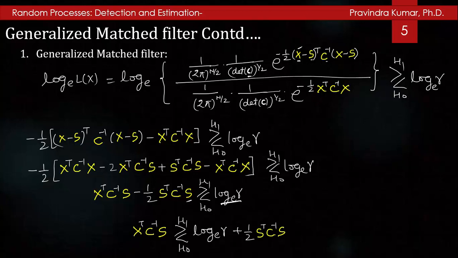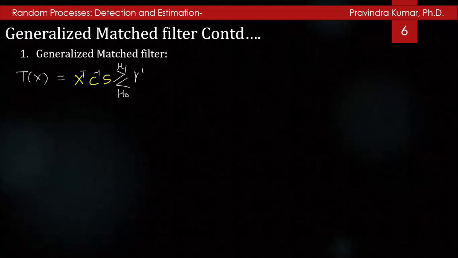Or further, you can reduce this expression by taking the second part to the right side. So x transpose C inverse s is greater or less than log gamma plus 1 by 2 s transpose C inverse s, and this is the new threshold value gamma dash. So here the test statistic T(x) is x transpose C inverse s greater or less than the new threshold gamma dash.